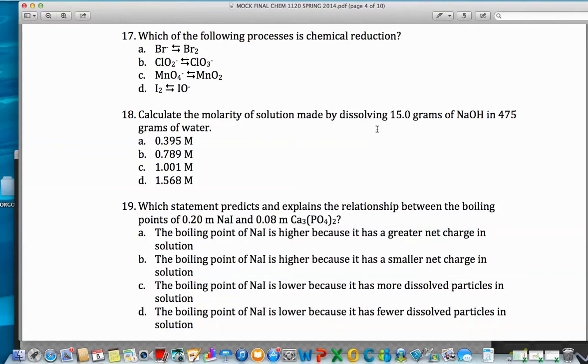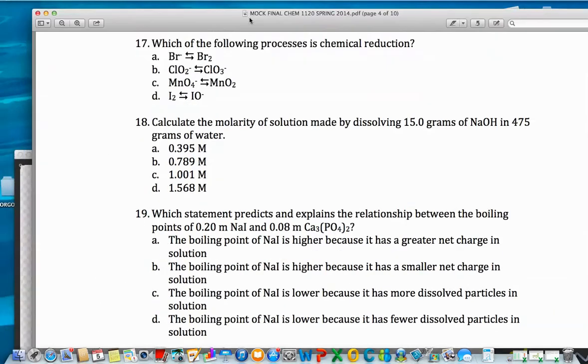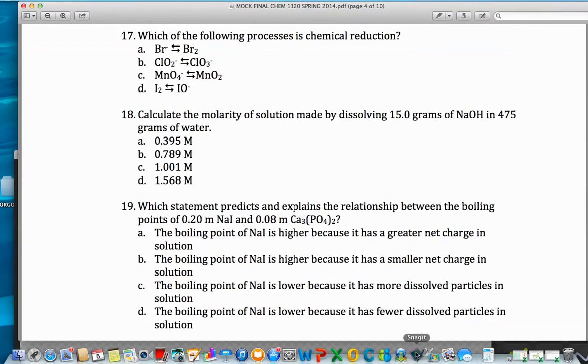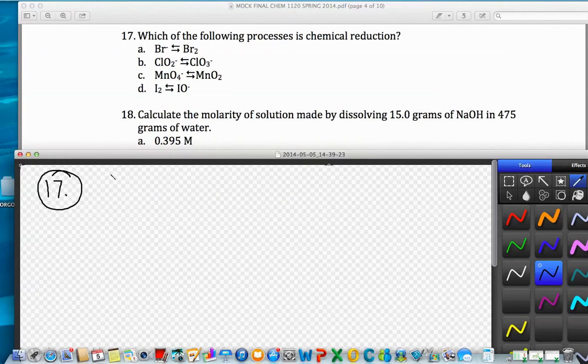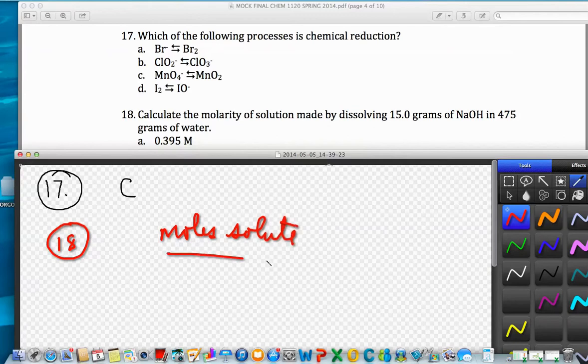Number 18, we want to calculate the molarity of dissolving 15 grams in 475 grams of water. Remember, the density of water is 1 gram per mil. So we want moles of solute in liters of solution. So 475 grams is 475 mils, which is 0.475 liters.